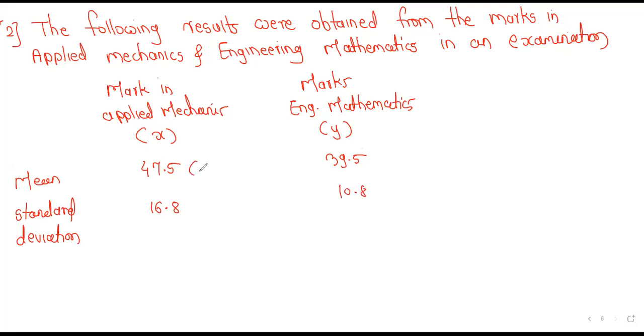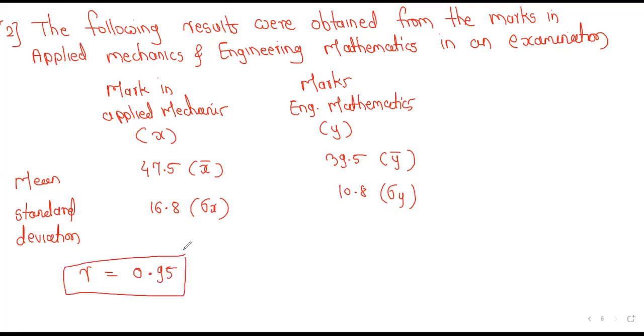So here 47.5 is X bar, 39.5 is Y bar, 16.8 is sigma X, and 10.8 is sigma Y. Now by using the mean and standard deviation, and the value of r is given, so small r is equal to 0.95. By using all these values, we have to find the equation of line of regression of y on x and the equation of line of regression of x on y.